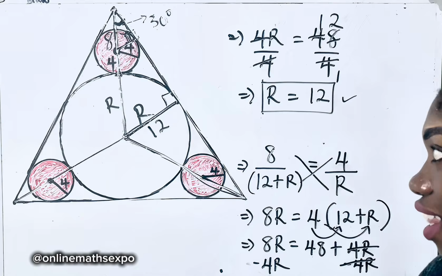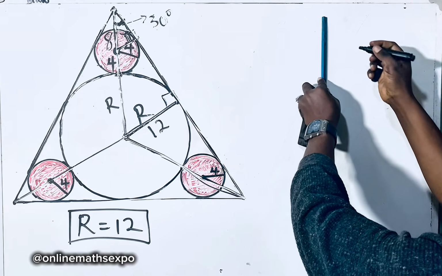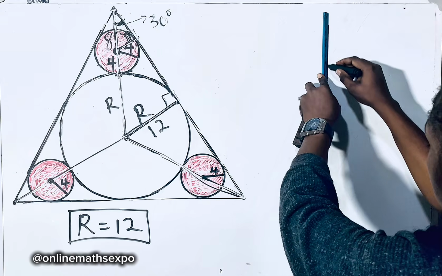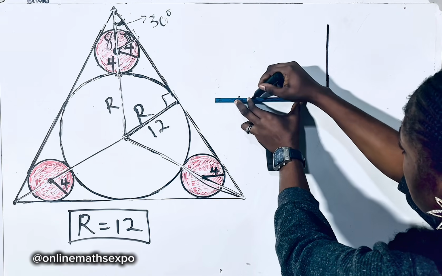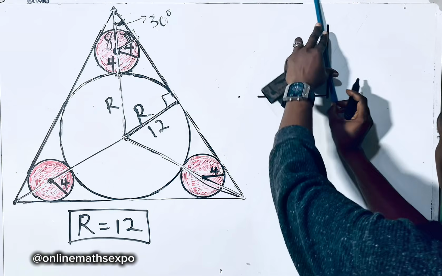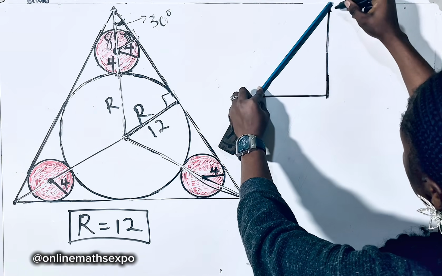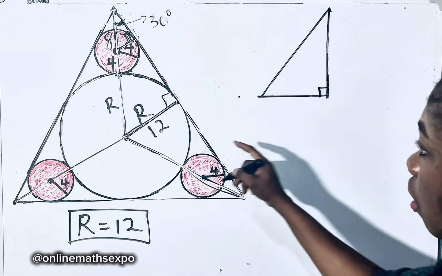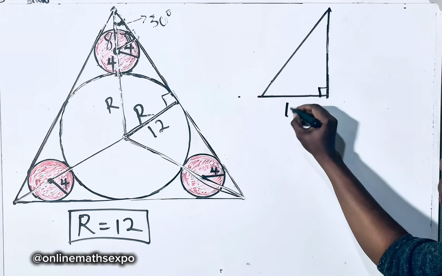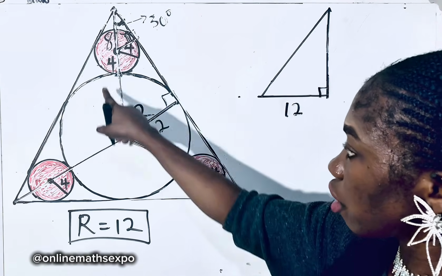Let's do that together. Bringing out this triangle, remember this is what we have. Now this right angle here, this length measures 12, and this whole length is this plus this, which will give us 12 plus r.